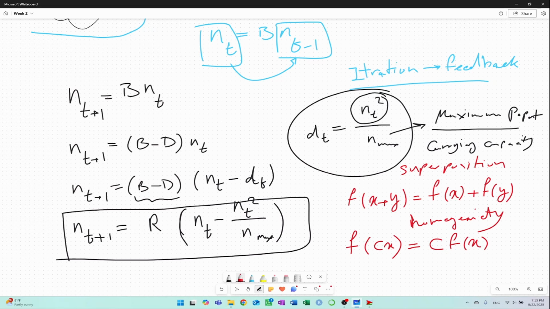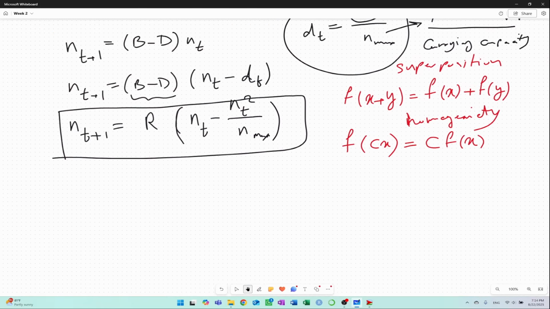And when superposition or homogeneity or both of them fail, we do not have a linear model anymore. In our previous example, n sub t plus 1 being equal to b times n sub t, both of these principles of superposition and homogeneity hold.